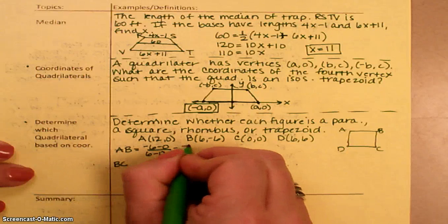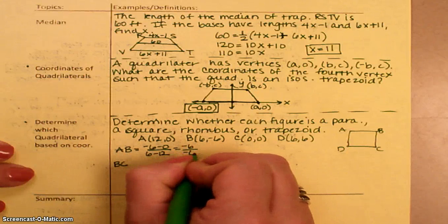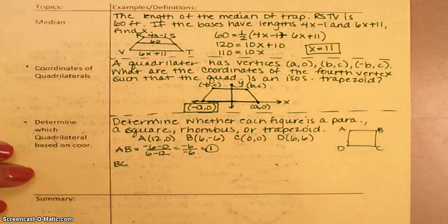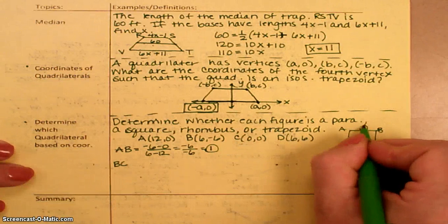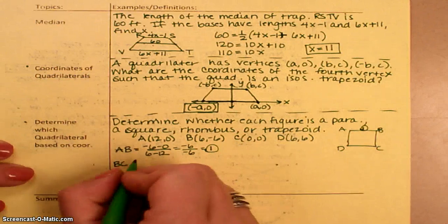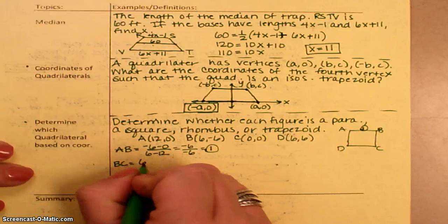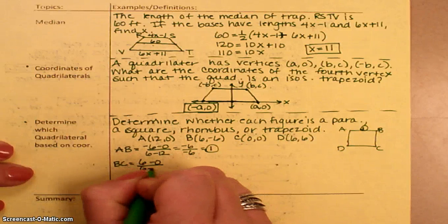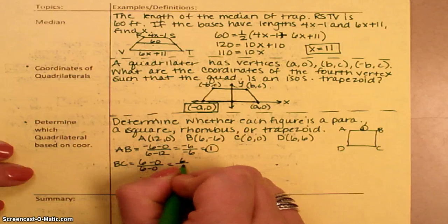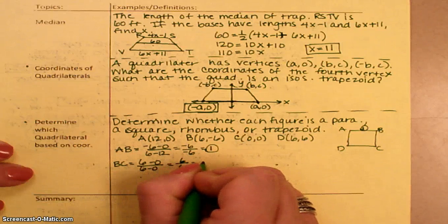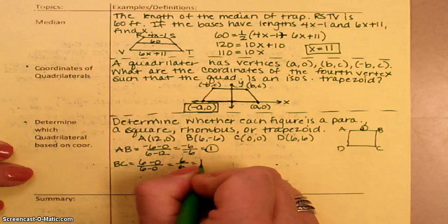So that would be -6 over -6, so 1. So the slope of this is 1. How about BC? So 6 minus 0 over 6 minus 0, so 6 over 6, which would also be 1.